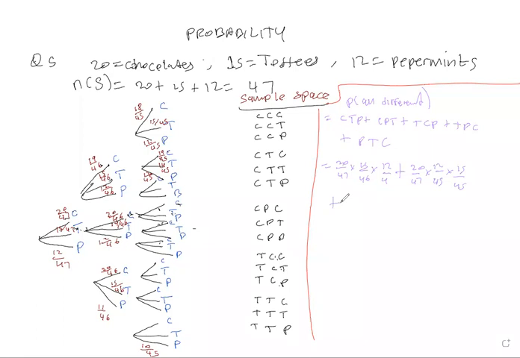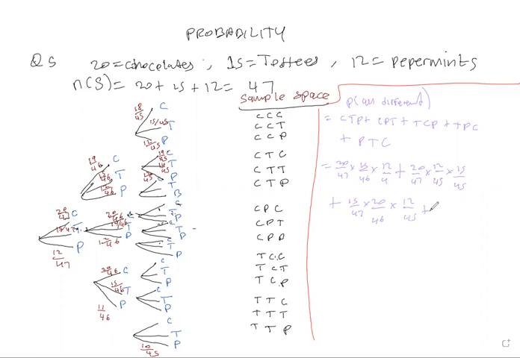You now go to the next. It is 15 over 47 times 20 over 46 times 12 over 45.